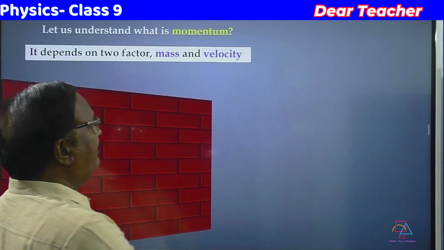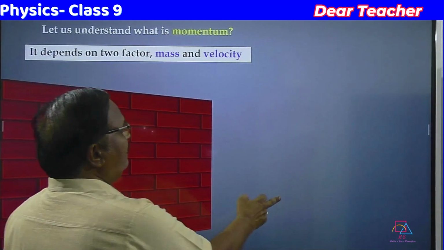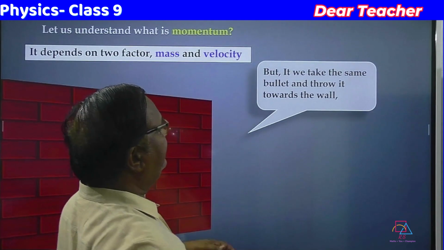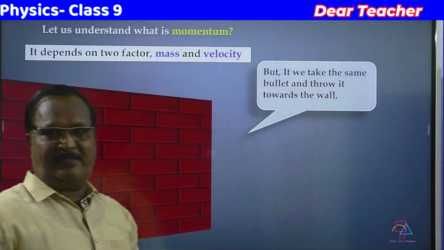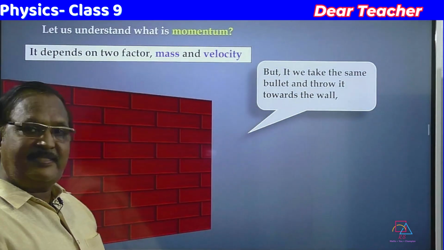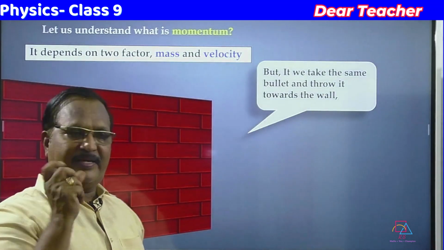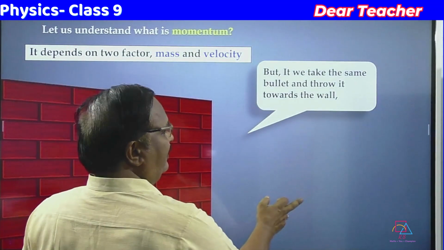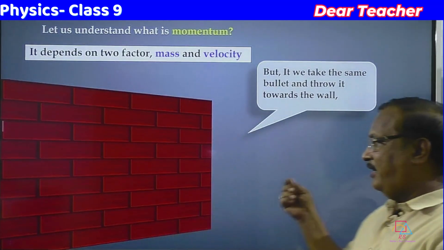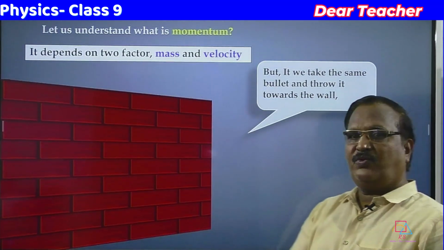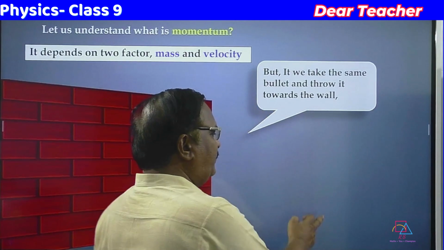Let us take one more example. If you take the same bullet, you can take it outside and throw it. I have taken the bullet and thrown it to the wall. So then what happens?